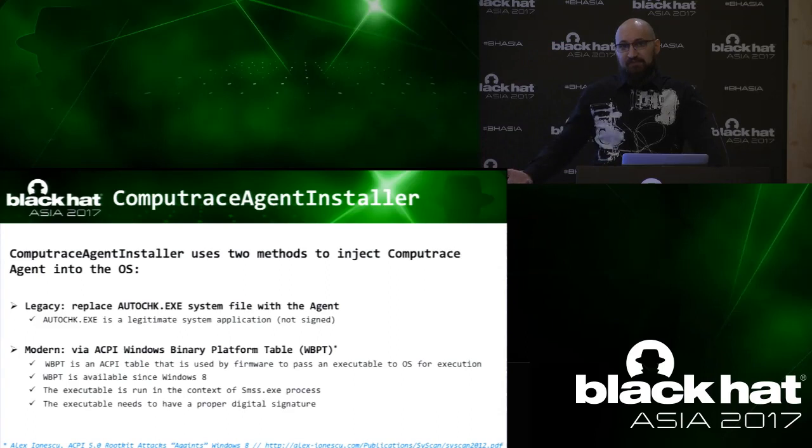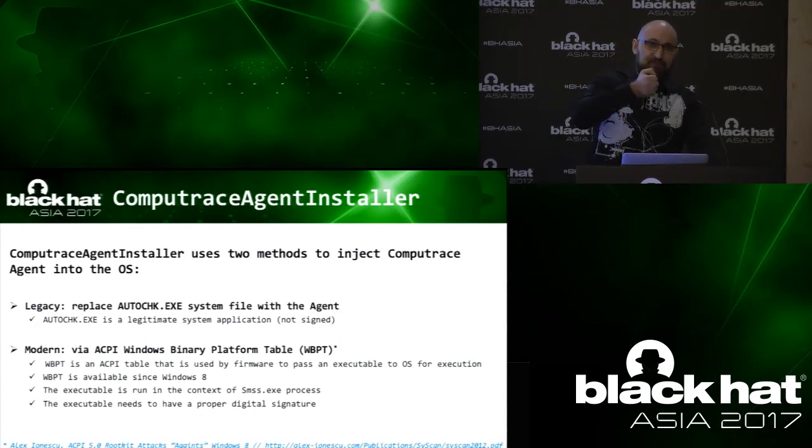As an example, after reinstallation or recovery from a specific partition, you already have software pre-installed on a Lenovo laptop or some other laptops. Computrace used a pretty similar thing, and they deliver through this ACPI table an executable which runs in the context of the SMSS process.